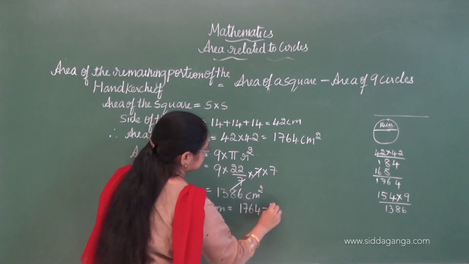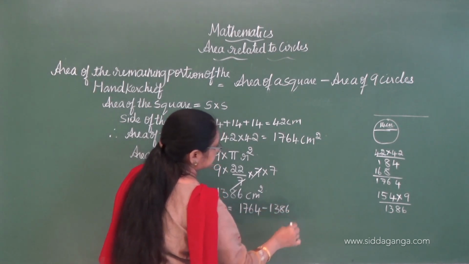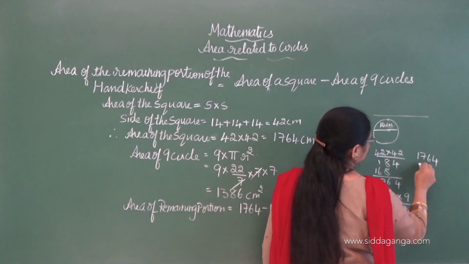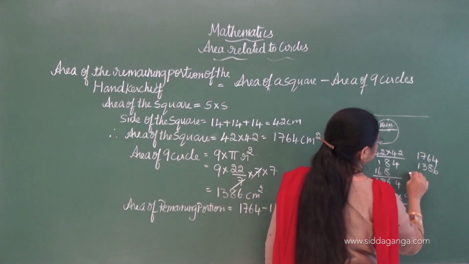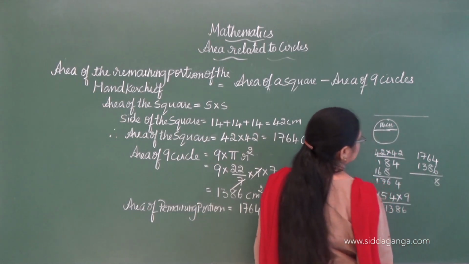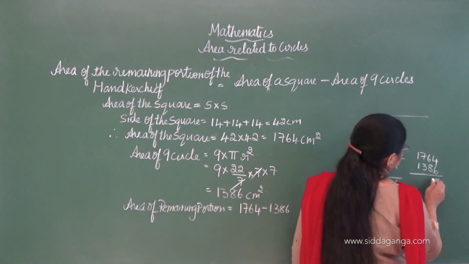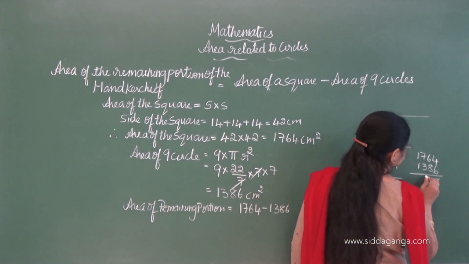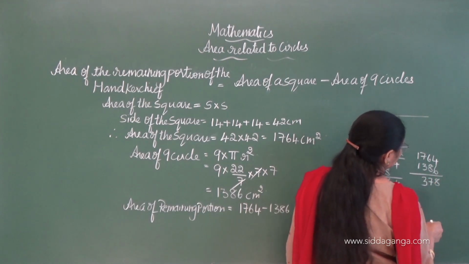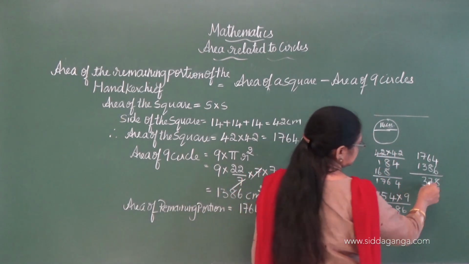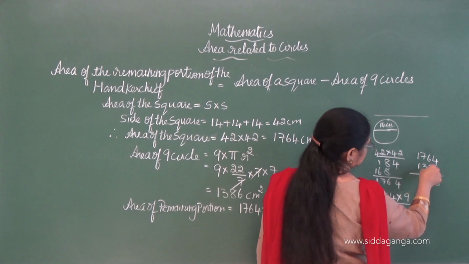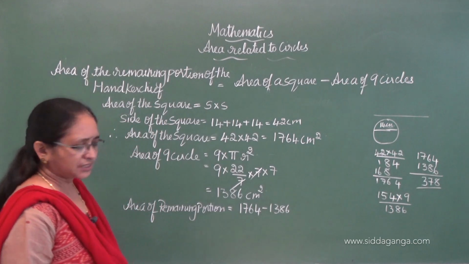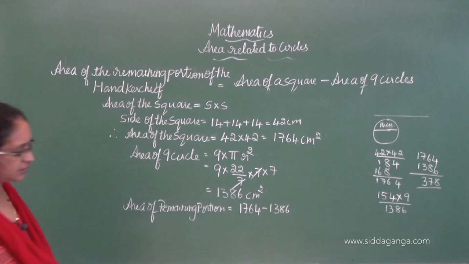1764 minus 1386. Okay, I will do it here. I will calculate 1764 minus 1386. 8 5 7, 6 3 14 1, 16 1 7, correct. 3 7 8. 378 centimeter square.